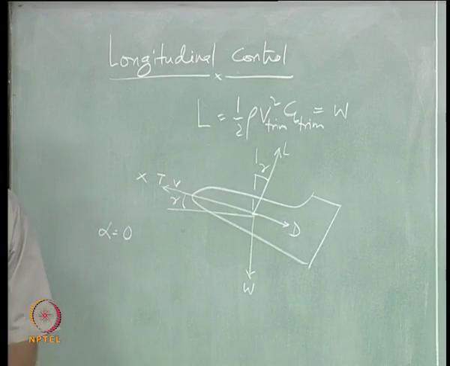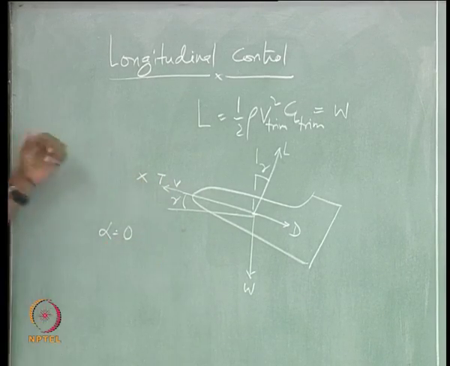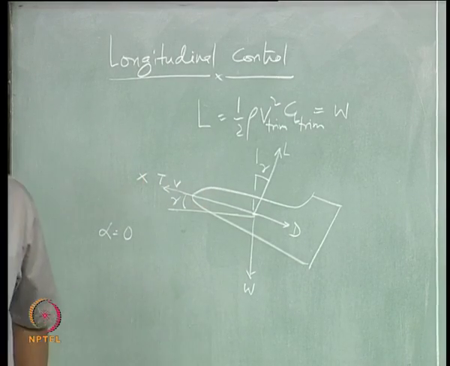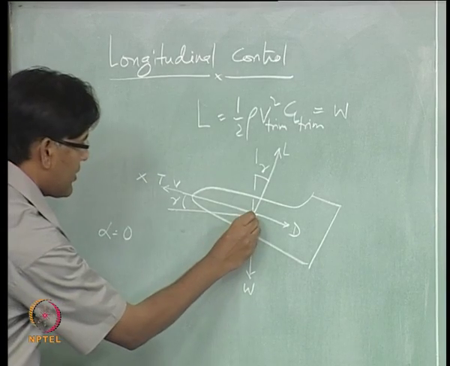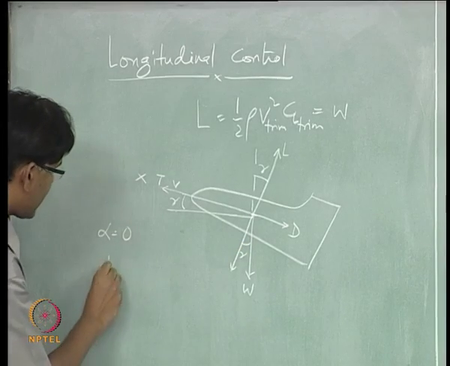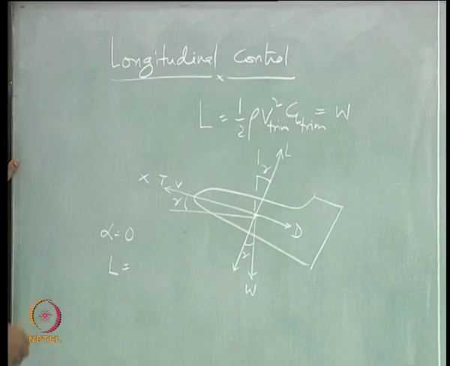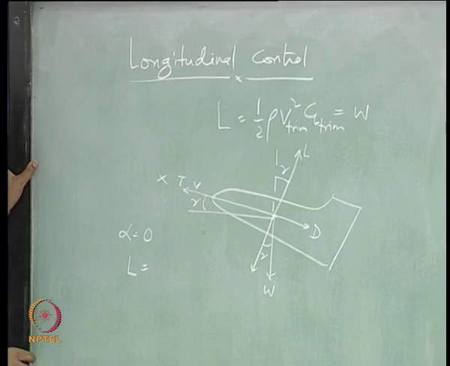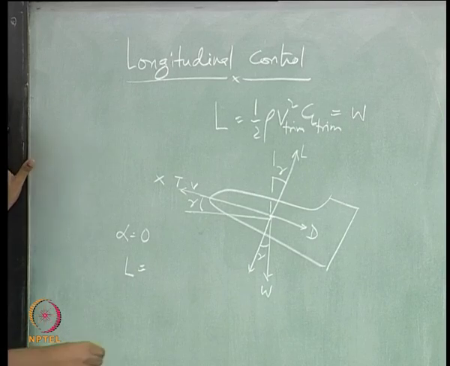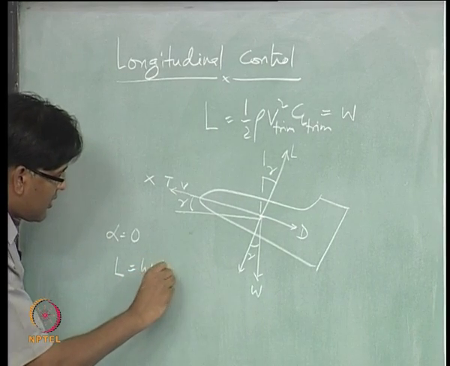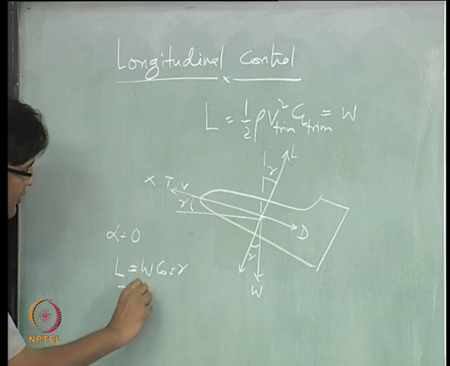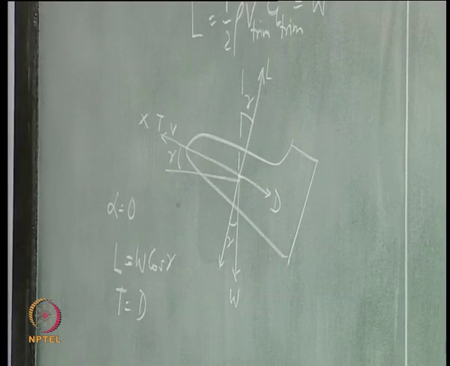And thrust is along body fixed x axis, right. So if I want to resolve the forces along this body fixed x axis and the z axis, then this L is what? L has to be, now we are climbing, right. So L has to be equal to, and thrust is equal to drag, okay.